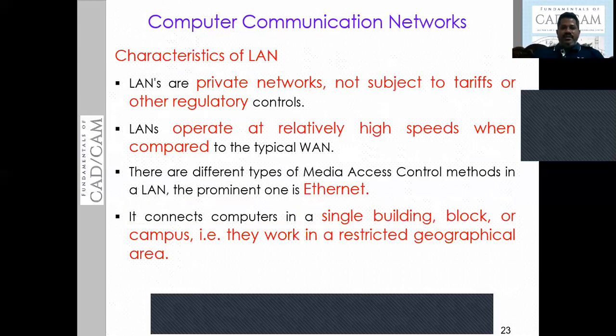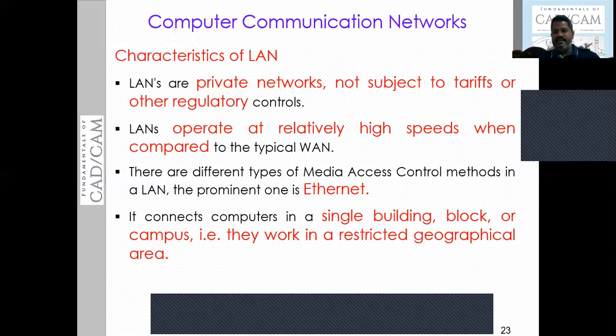Then when you come to the characteristics of the LAN, LANs are private networks, not subjected to tariffs. These are private networks, so they are not charged and not regulated or controlled by regulatory authorities. LANs operate at relatively high speeds when compared with other types of network systems.